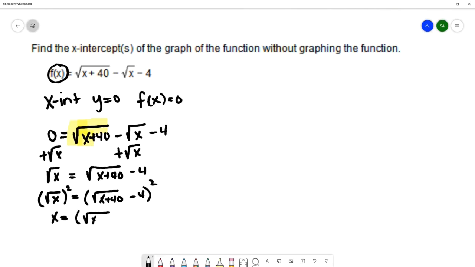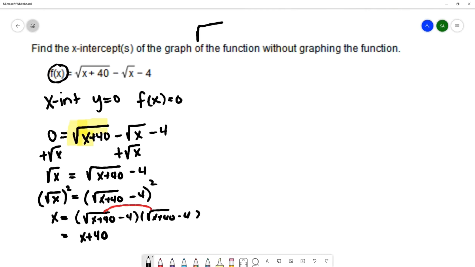It becomes square root of x plus 40 minus 4 times square root of x plus 40 minus 4. When I multiply square root of x plus 40 times square root of x plus 40, that becomes x plus 40. Let me work that out on the side just so it makes a little bit more sense.